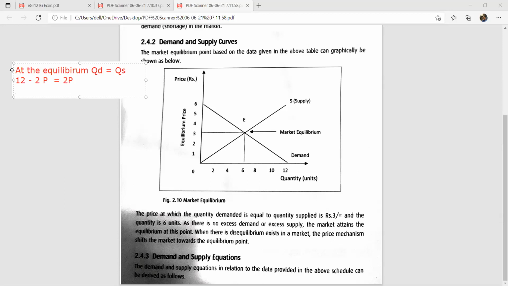Then what do we do? 12 only on that side, 2p plus 2p. Then 12 on the other side, 4p. So p equals 12 divided by 4 equals.